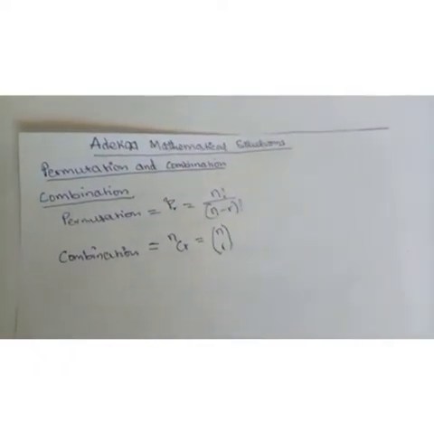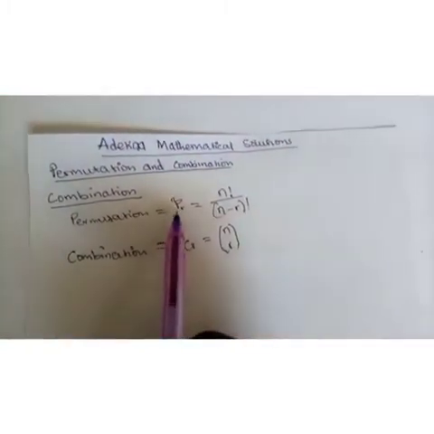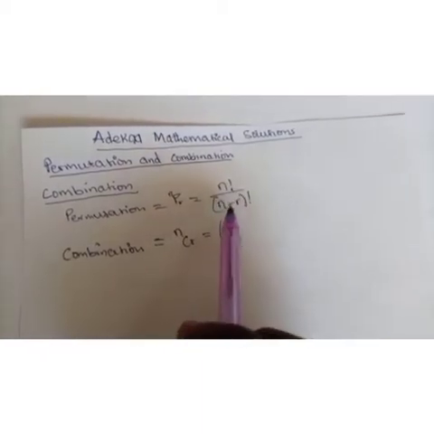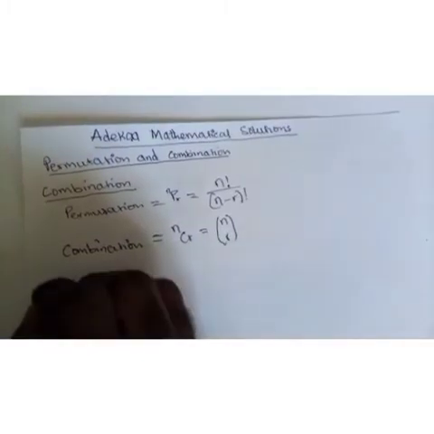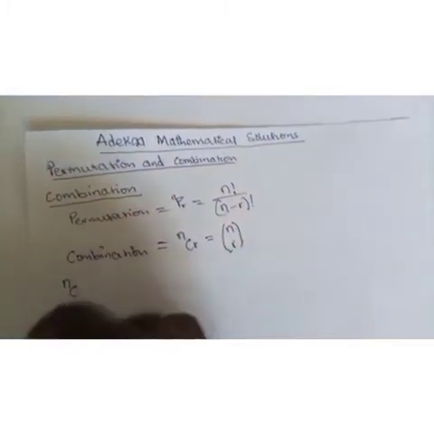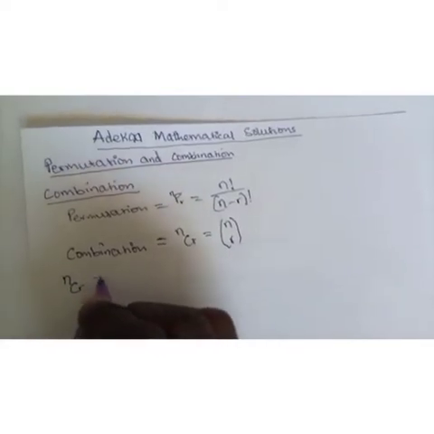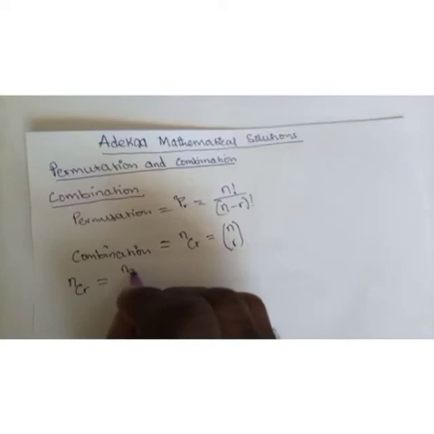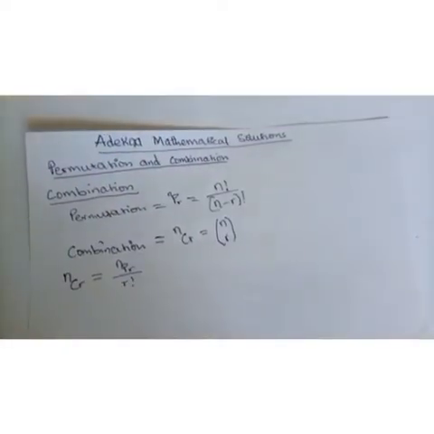Since n permutation r is equal to n factorial over n minus r factorial, n combination r is equal to n permutation r over r factorial.